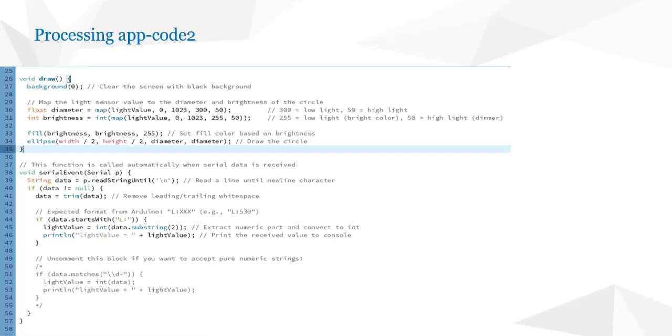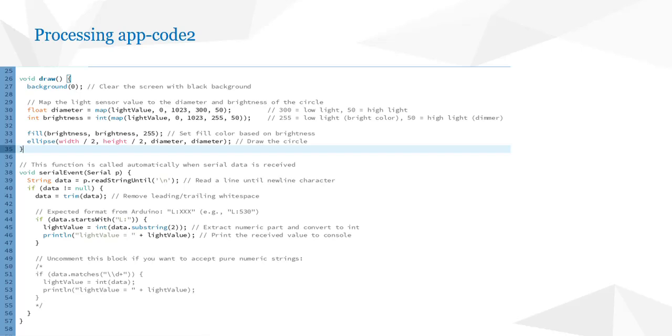Next, we must transform our light value, because that value is voltage, and voltage is a value between 0 and 123. I will adjust that value to be from 350.